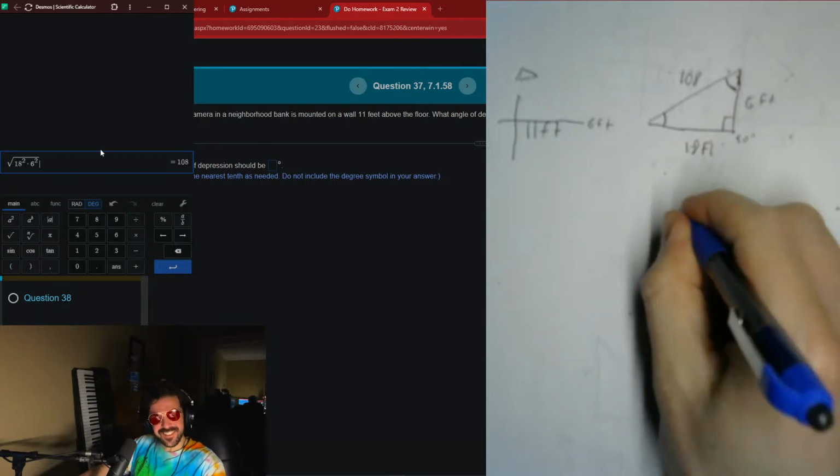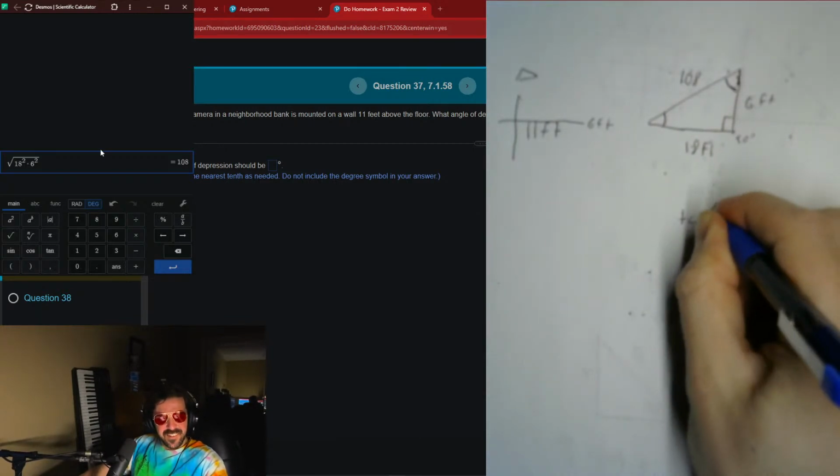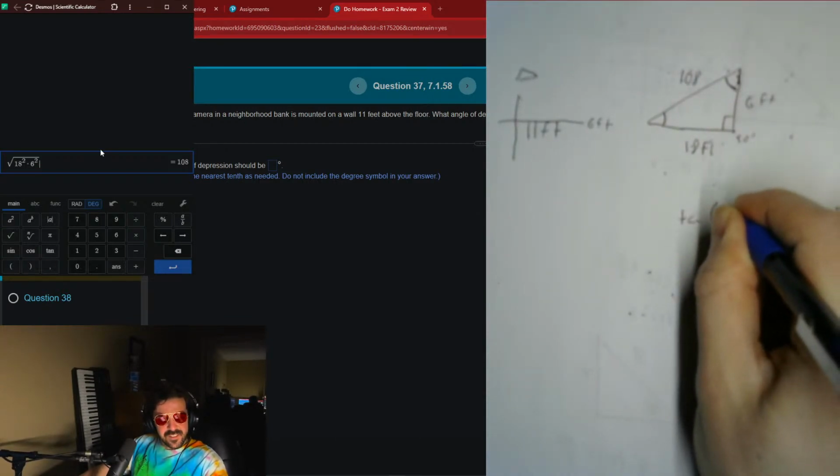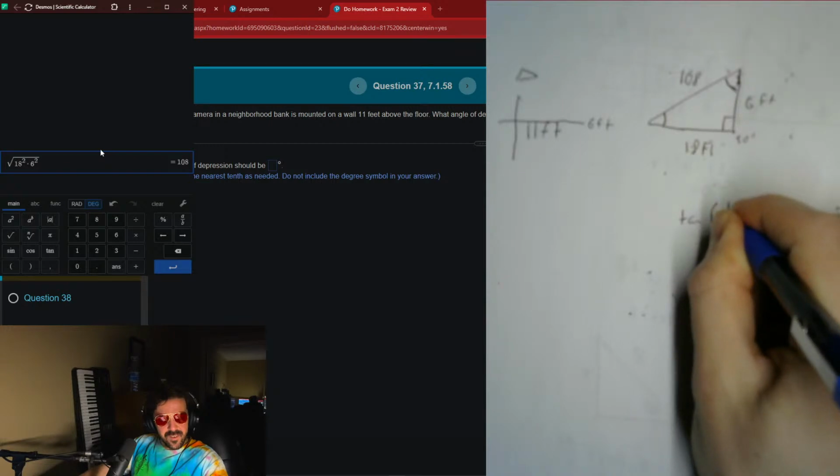All right, so it's tangent, opposite over adjacent, right?